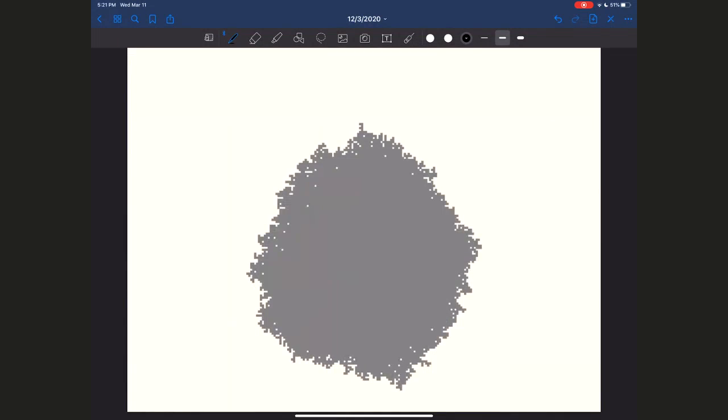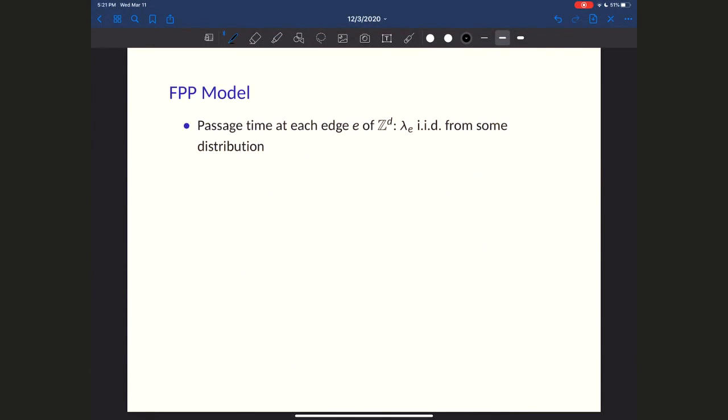So I'm going to go back to the Eden model, and one of the things that I would like to do is to address some interdisciplinary aspects of the Eden model. The Eden model already has a lot of attention in the first passage percolation community, in the probabilistic community. So I'm going to introduce the first passage percolation model.